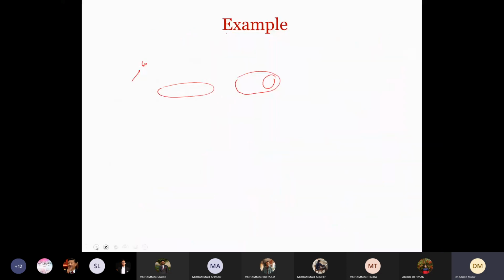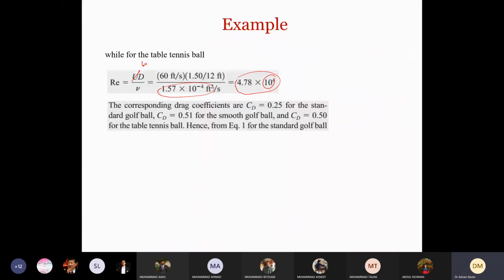So now we'll see the corresponding drag coefficients: CD equals 0.25, sorry, it's 0.25, not 0.21, for the standard golf ball, and CD equals 0.51 for the smooth golf ball, and around 0.5 for the table tennis ball. Why is it giving multiple values here?